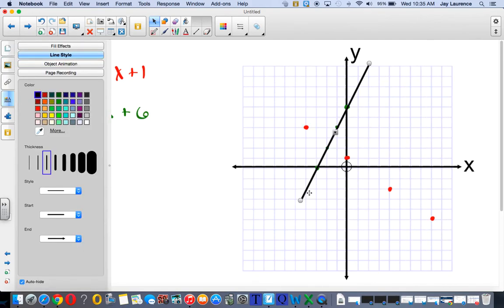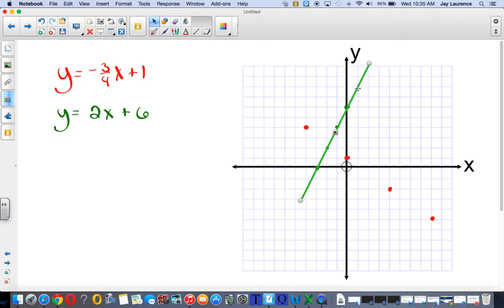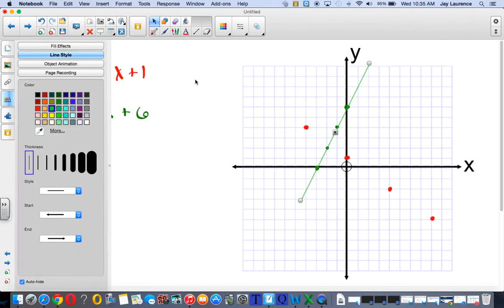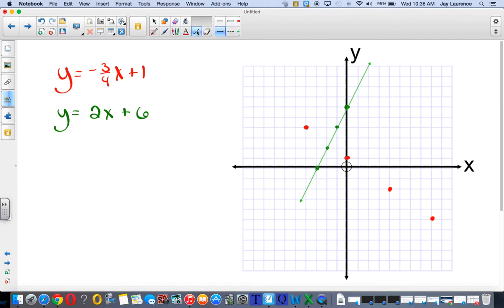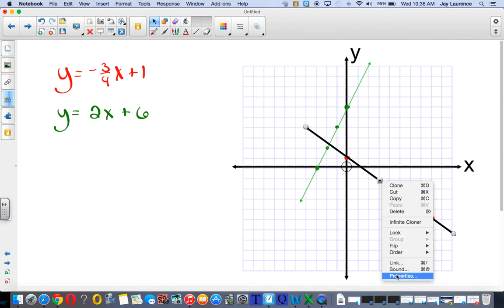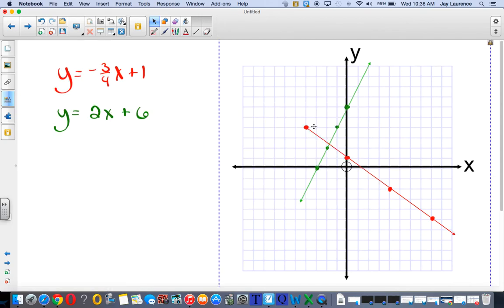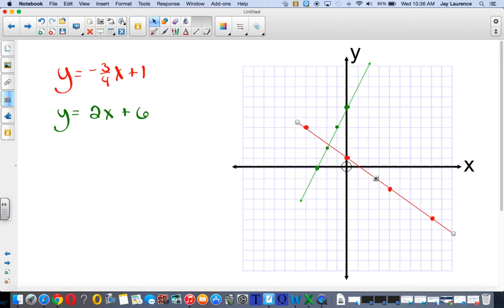In fact, I'm going to go ahead and get the graphing calculator up here in a second. There's that green line. I should make him thinner. It looks more accurate when it's thin. There we go. Okay, and now I need a red line. So I'm going to make him, first of all, red, thinner, give him an arrowhead at the beginning, and let's make sure he's lined up.